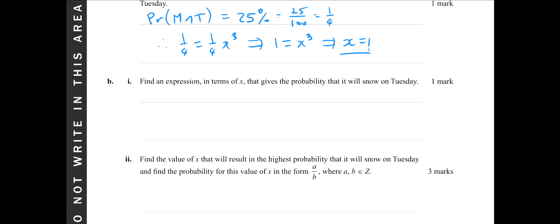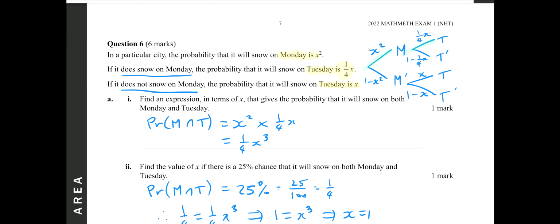Right, moving on to part B, part 1. Find an expression in terms of x that gives the probability that it will snow on Tuesday. Now, if you look at this question here, it just wants the probability of snow on Tuesday. It doesn't care about what's happening on Monday. So for this one, there are two different ways to get to snow on Tuesday. We can either have snow on Monday followed by Tuesday, or we can have no snow on Monday, followed then, of course, by snow on Tuesday.